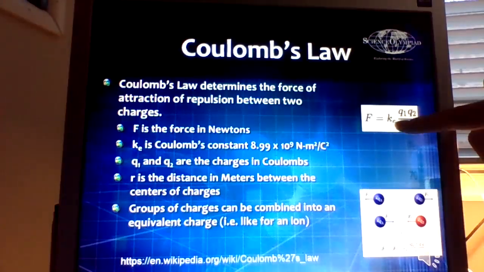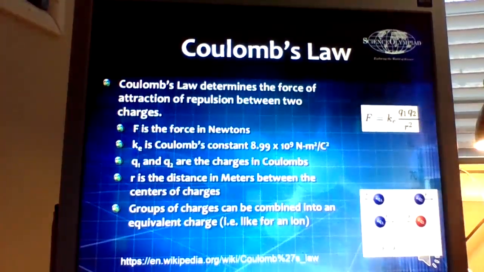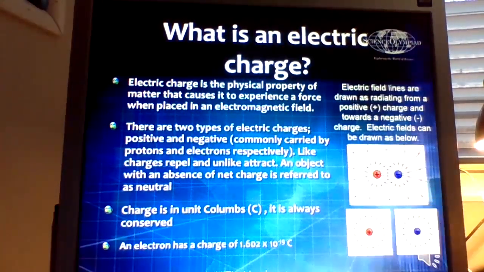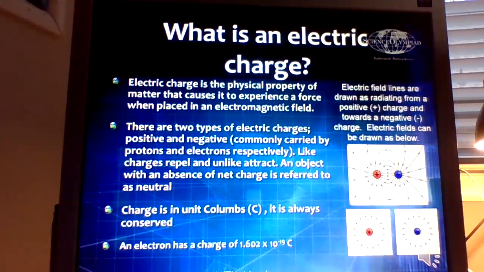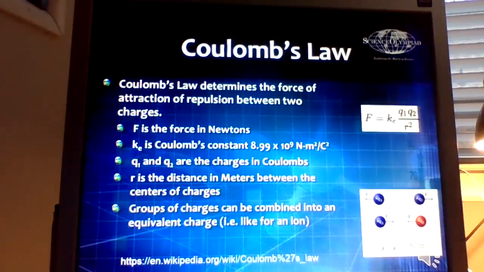It's 8.99 times 10 to the 9th, times the charge, which you remember was 1.602 times 10 to the minus 19, and there's going to be two of those. So I take 1.602 E minus 19 squared, times 8.99 E to the 9th, divided by r squared, which is 1 squared.